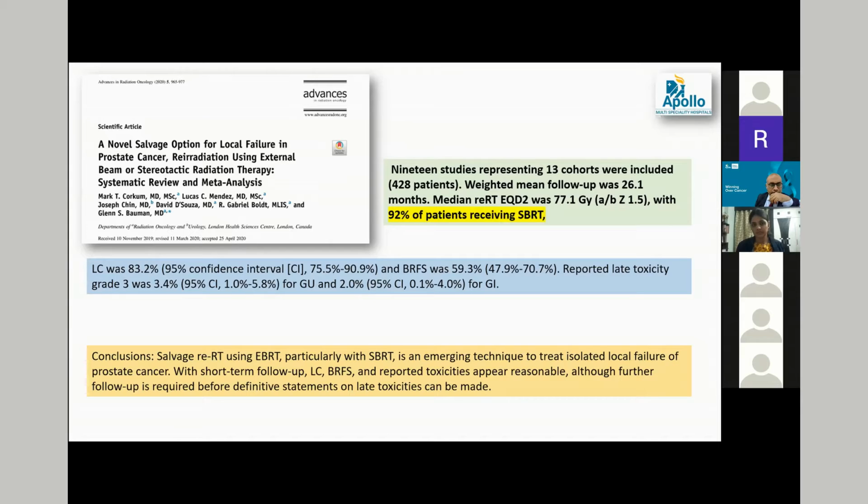So it's excellent local control, 83.2%, and biochemical relapse-free survival was 59.3%, and late toxicity of grade 3 was only 3.4% for GU and 2% for GI. And they concluded salvage reirradiation using EBRT, particularly with SBRT, is an emerging technique to treat isolated local failure of prostate cancer with short-term follow-up, local control, biochemical relapse-free survival, and reported toxicities appear reasonable, although further follow-up is required before definitive statement on late toxicities can be made. It's quite a big data of 428 patients.